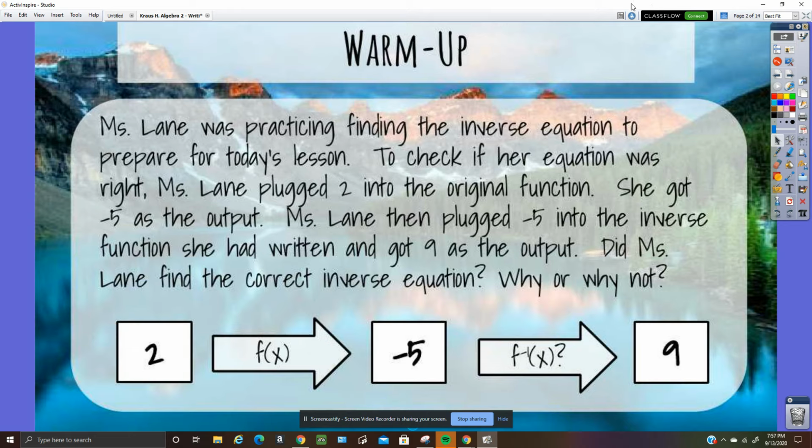if you input a number into a function and get an output, and then take this output and put it into the inverse, you should end up with a 2.